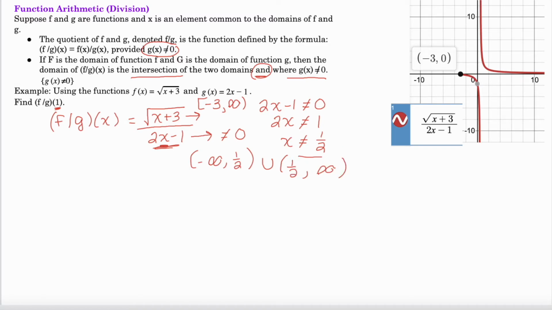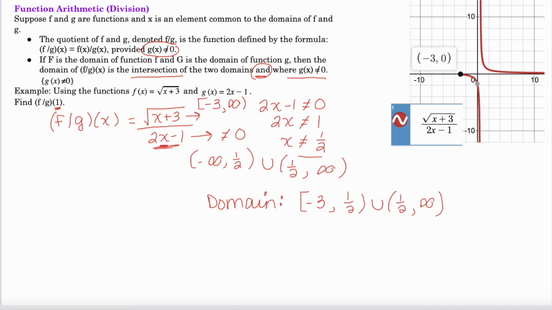So where do all of these overlap? We're going to start at negative 3. We're going to go all the way to positive half, jump over positive half because that's an asymptote, and we'll go to positive infinity. We also see that in the graph itself.